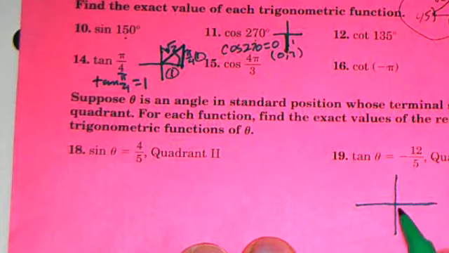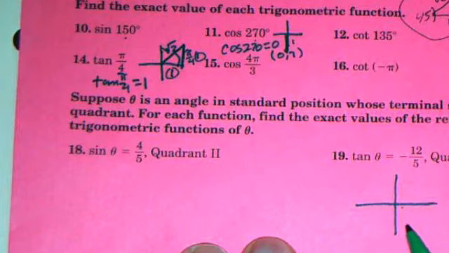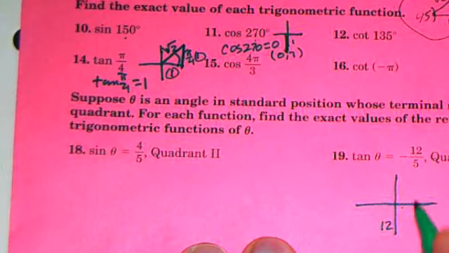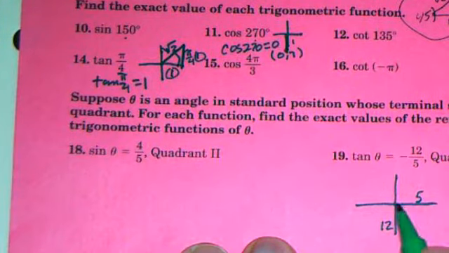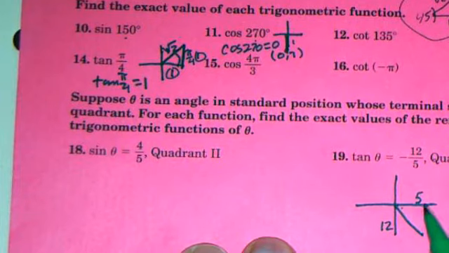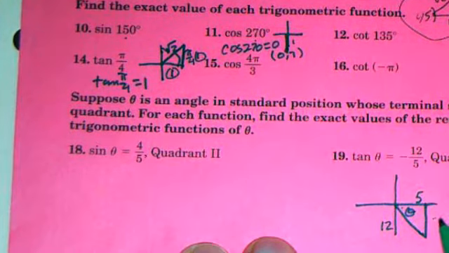The opposite side is 12, and the adjacent side is a 5. So we actually have this triangle that looks like this. Here's my angle. And you can see that this is actually like negative 12 over the 5.